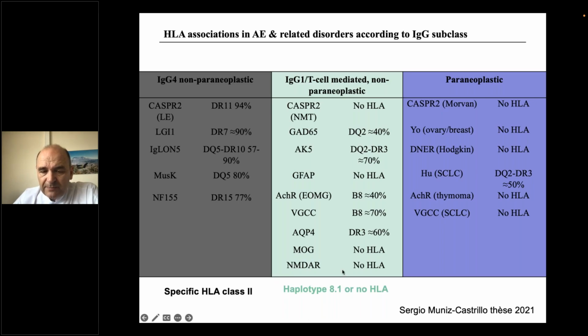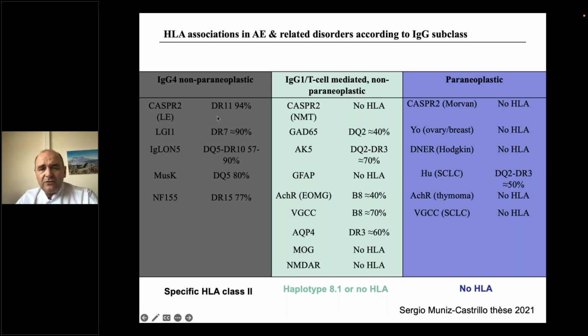Sometimes there is an haplotype 8.1, mainly observed in patients with autoimmune disease. For example, in patients with GAD65 antibodies, most of them have a family history of autoimmune disease, and it's not the case in patients with other autoantibodies. So it's probably heterogeneous in this group. And in paraneoplastic cases, there is no HLA association, and it's always IgG1, like in the second group.